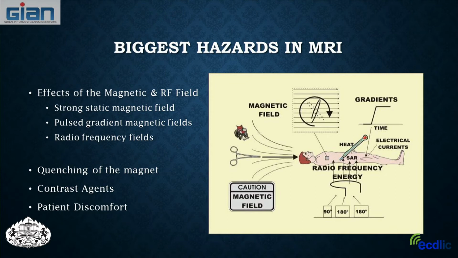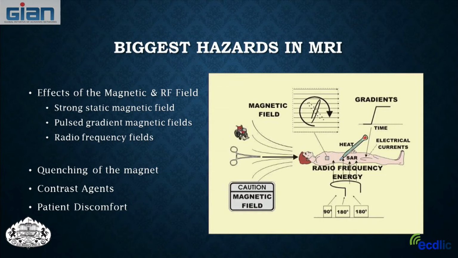The stronger the magnet, the greater the pull into the magnet. So you want to be very careful. You can get things flying around, and we're going to talk about the missile effect of this strong static field in a few minutes.